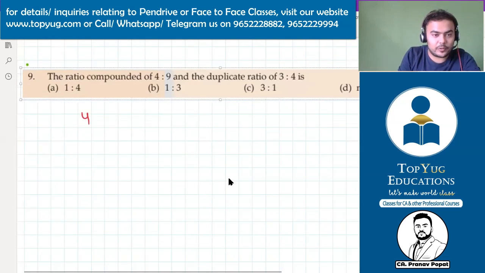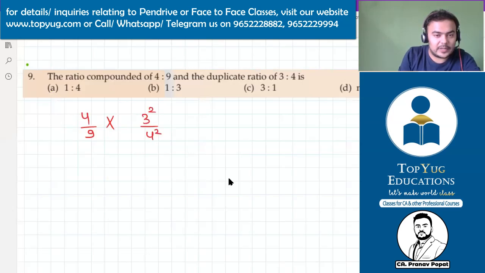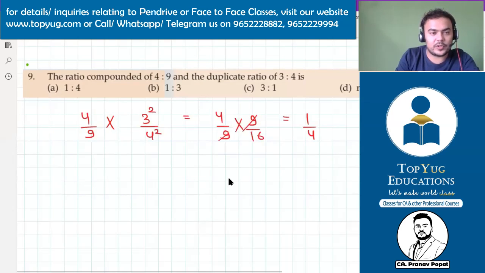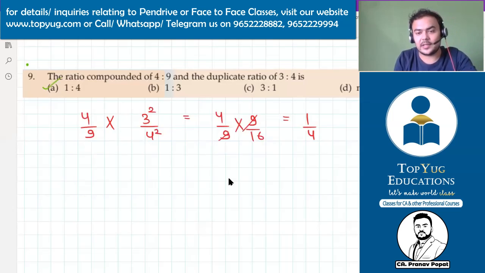Other is square of 3, square of 4. So we'll get 4/9 into 9 by 16. 9 and 9 are cross. 4 by 16 can be written as 1 by 4. So option A is the correct answer.